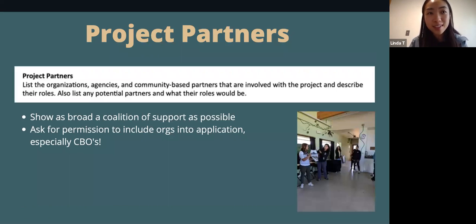And project partners, this is really important on the funder side, because we want to see that these projects are going to be successful, and usually they're more successful if you have a lot of buy-in and investment from partners who have expertise that maybe your organization doesn't have.